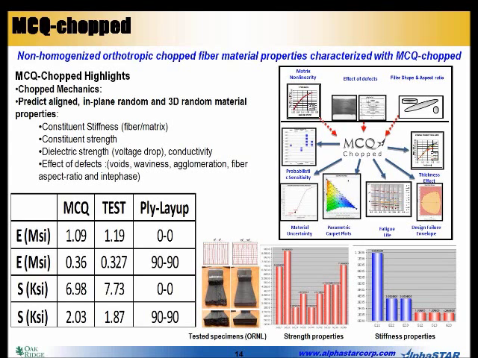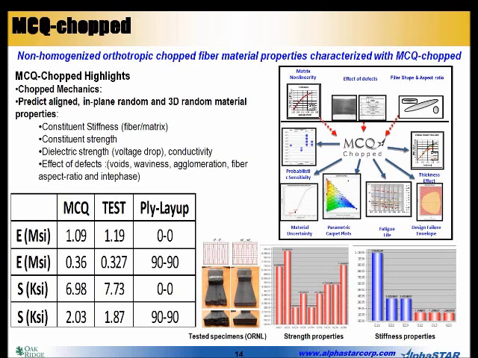Like I said, aside from the model generation, we also have a methodology to characterize our chopped fiber material. In this case, we use a tool which we call MCQ chopped, and MCQ chopped basically enables us to include matrix nonlinearity, effects of defects in terms of voids and fiber waviness.